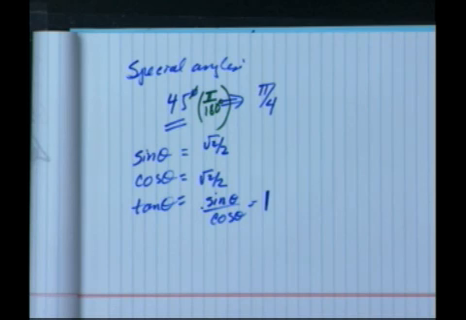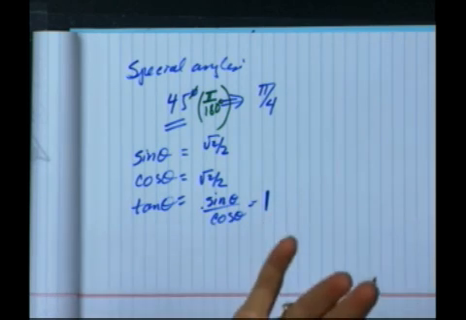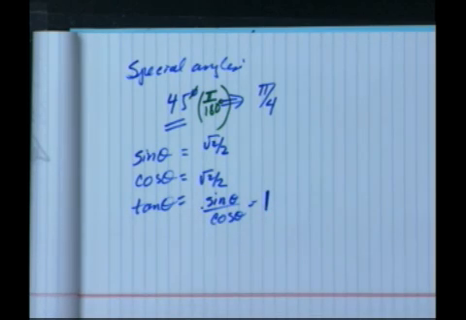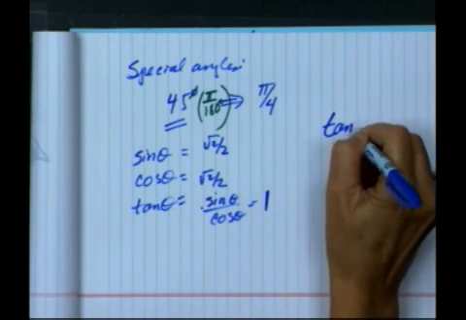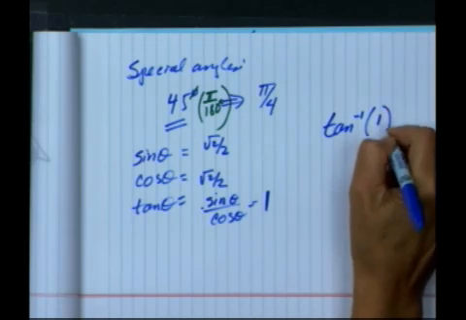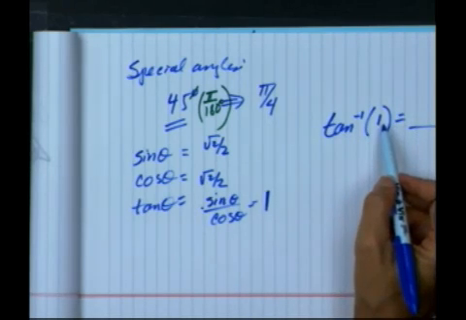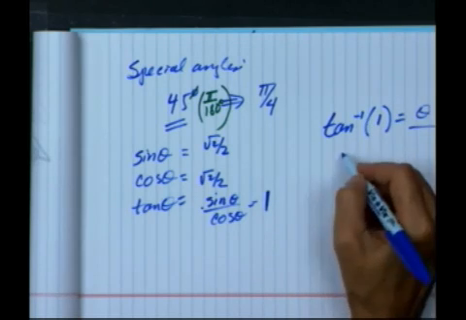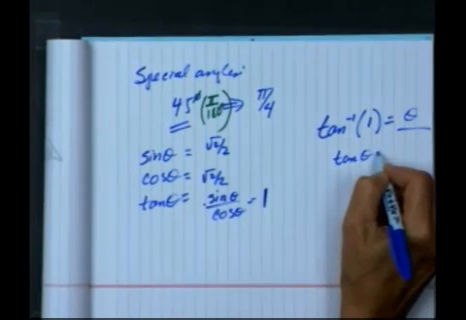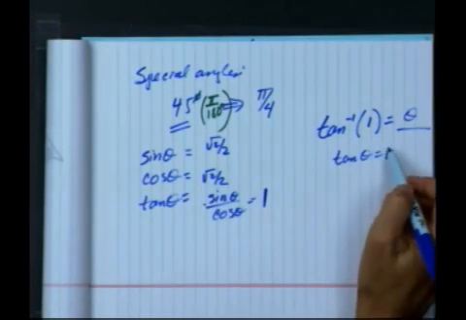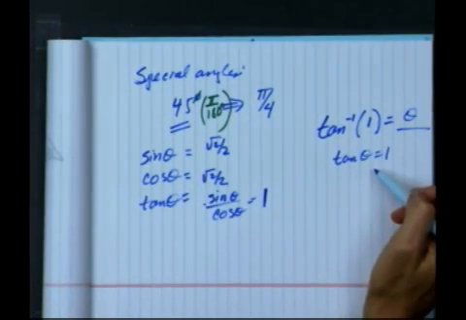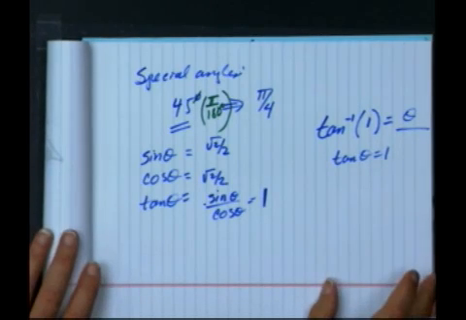All right, suppose I ask you, what is the angle where the tangent's equal to 1? You know right away it's 45 degrees, wouldn't you? If I say inverse tangent of 1, that's saying what's the angle where the tangent is 1. Or you could say the tangent of theta equals 1, and you're going to know that that is 45 degrees.